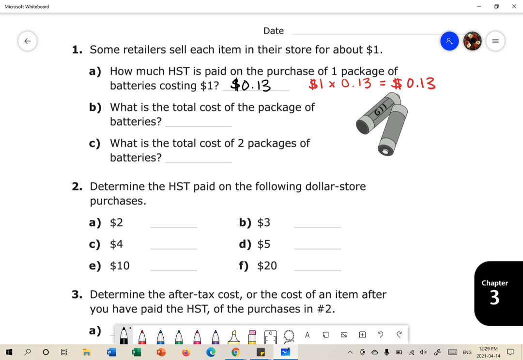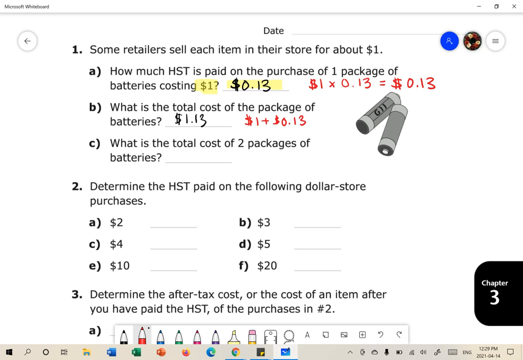So we're going to take our before tax cost, $1, and add our tax amount, 13 cents, together. That's $1.13. So $1 plus 13 cents.